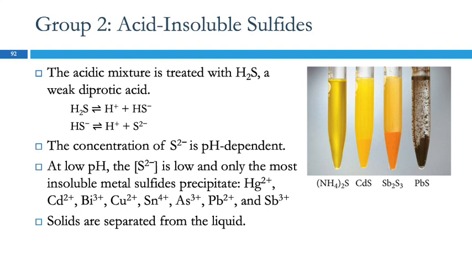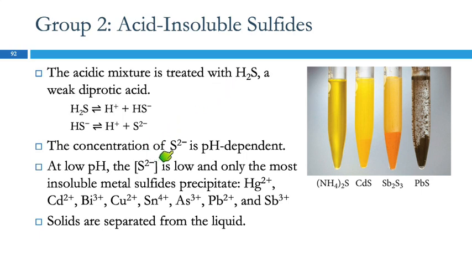We take that acidic mixture, make it basic. Treat it with hydrogen sulfide. And then we get the sulfides that are insoluble in acids. So the concentration of sulfide here, because this is actually an acid dissolved in water, right? Hydrosulfuric acid.